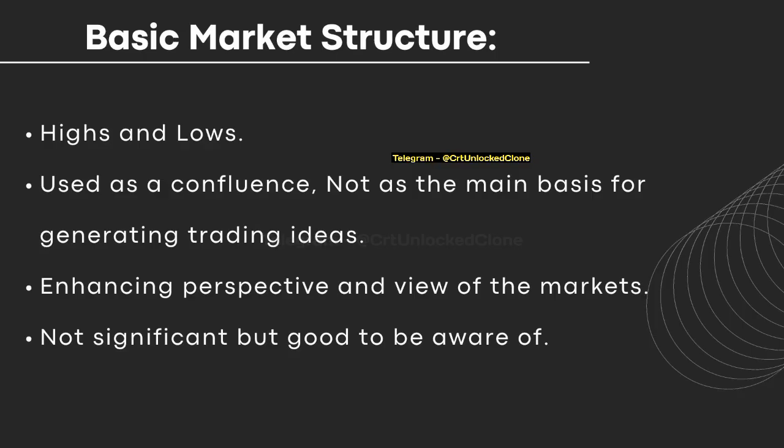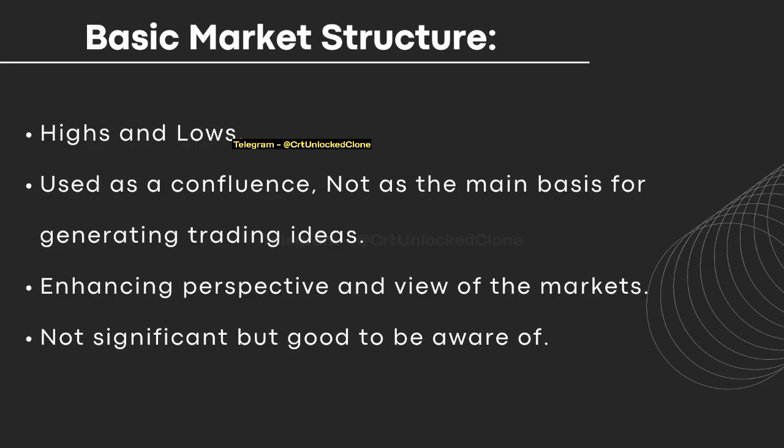So as I said before, the main and key elements for basic market structure are highs and lows, right? It's basically what it is made of. Second thing is that it should only be used as a confluence, as I said before, and not as the main basis for generating or defining trade ideas or frameworks.